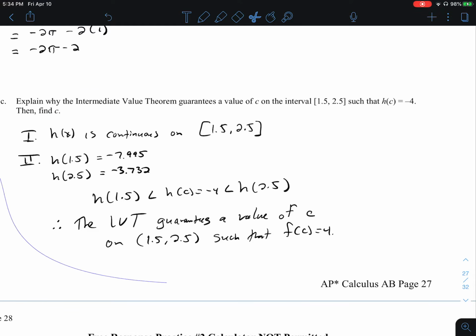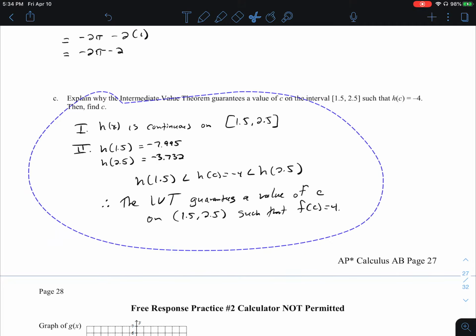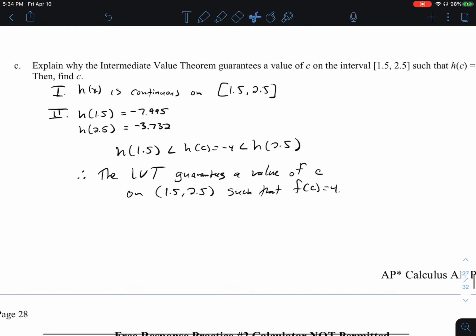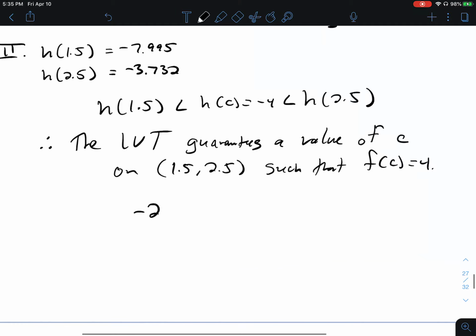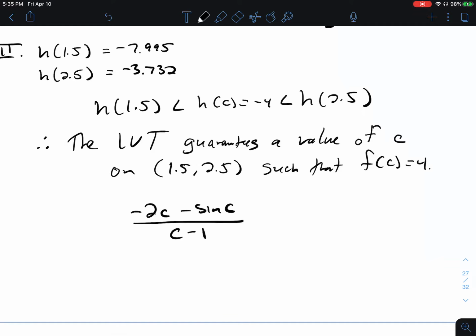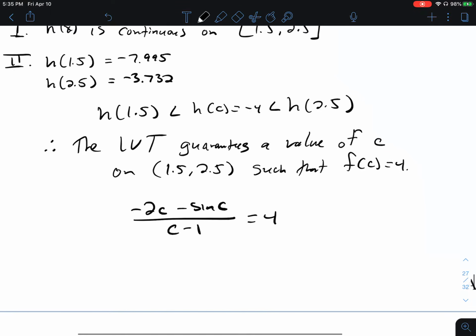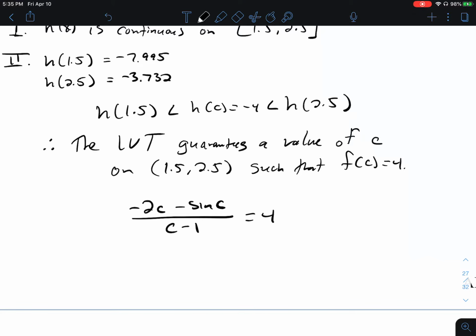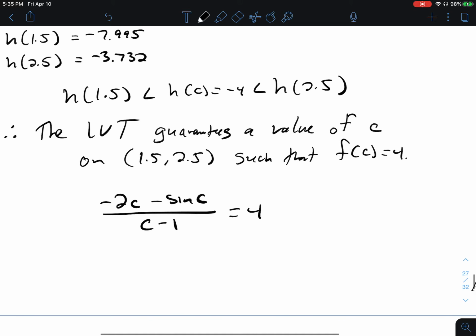Now to find that value, I have to take this function, which was negative 2 times x minus sine of x over x minus 1. I changed the x's to c's, set it equal to negative 4. Now, using your calculator to figure this out, you got a couple options.